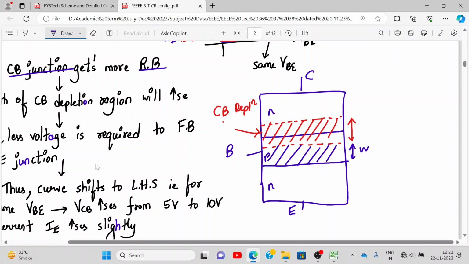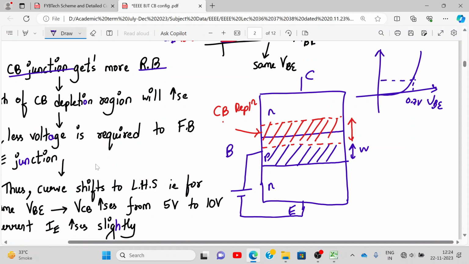If the base region is thinner and thinner, whatever VB you applied over here, let's say VBB, was like this. Earlier, the graph of VB versus IB was like this. So for one value over here, let's say at 0.7, you were getting some current. But now what we are saying is, as the depletion region is increasing, more carriers are flowing, right?